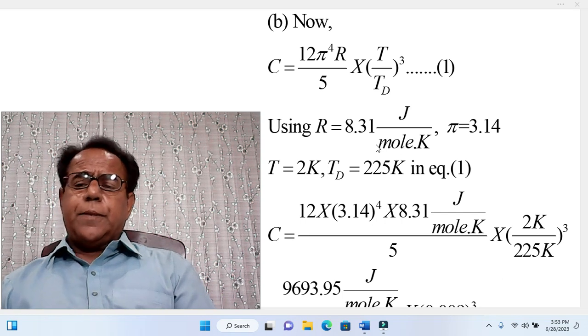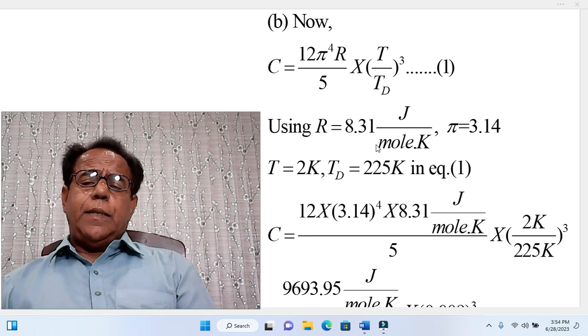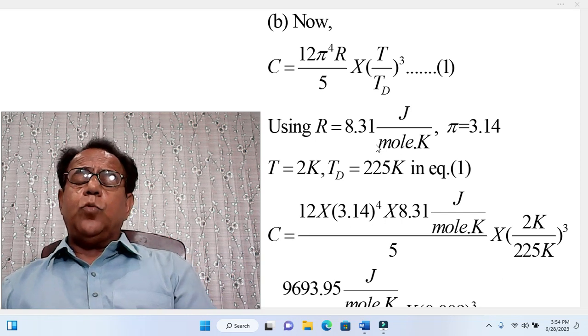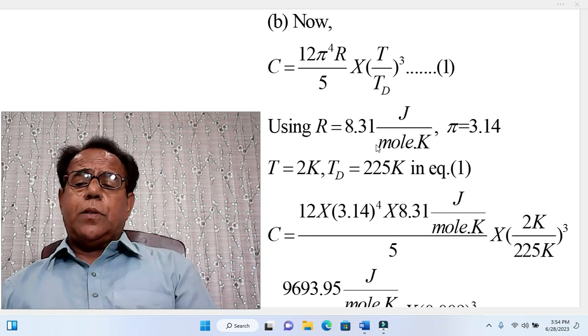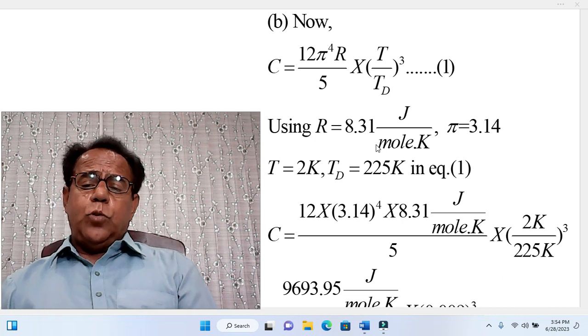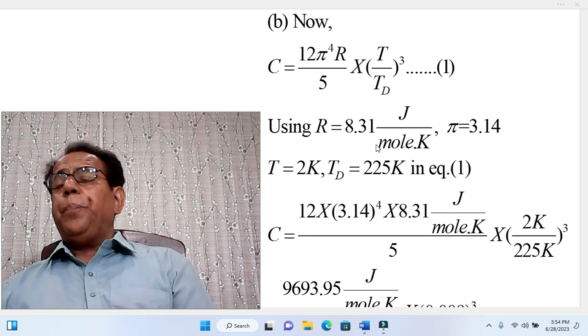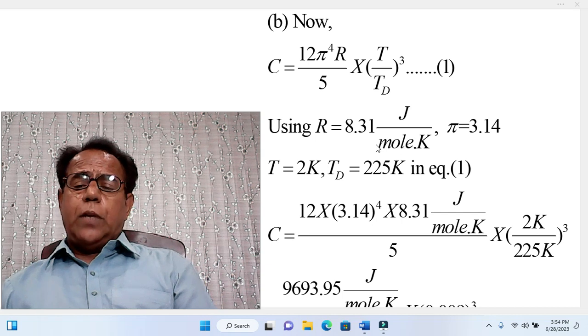So the heat capacity C equals 12 pi raised to the power 4 over 5 into universal gas constant R into temperature T over Debye temperature TD, raised to the power 3, using R equal to 8.31 joule per mole Kelvin, pi equal to 22 by 7, which is equal to 3.14 to 2 decimal places, temperature equal to 2 Kelvin, Debye temperature TD equal to 225 Kelvin.